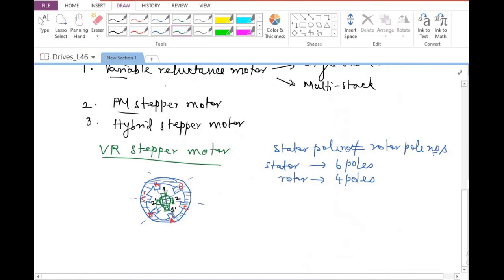Now, let us say I have a winding around A, and it continues around A dash as well, and they are connected in series. Similarly, I will have a winding around B and B dash, and a winding around C and C dash.